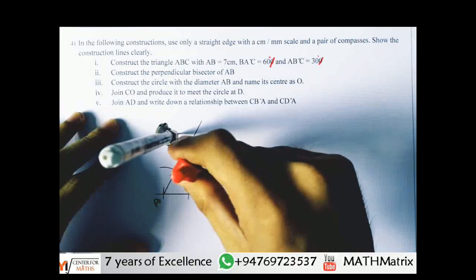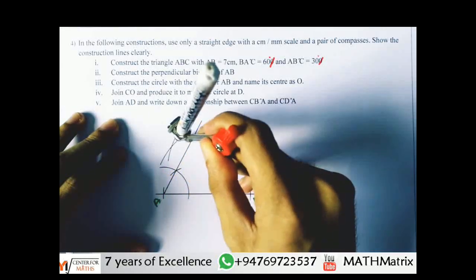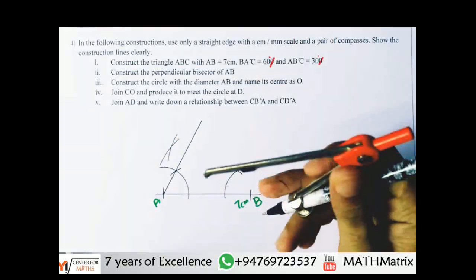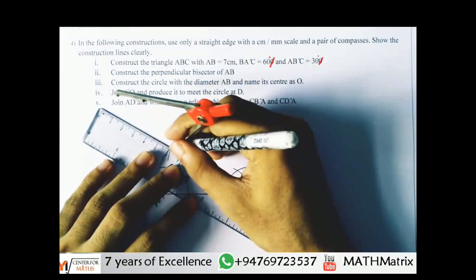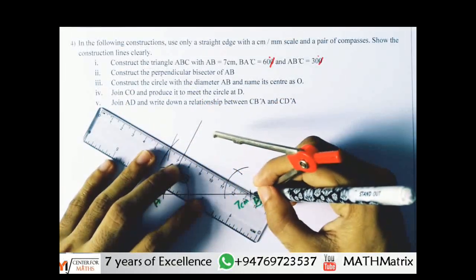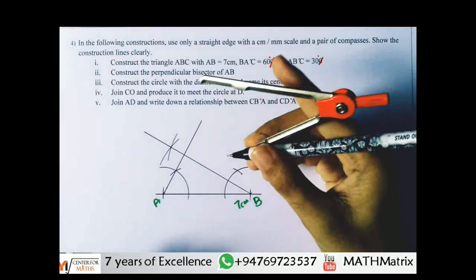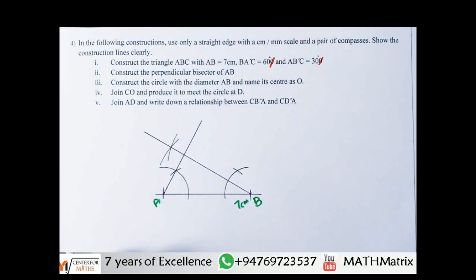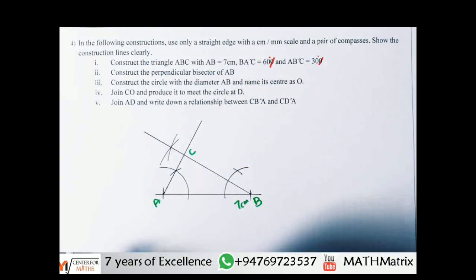So we'll construct the bisector of this angle, one arc, and place the compass on this and the second arc. So now we'll join them both. Exactly the mid. Okay, right. So here, now we got the intersection point of C. C is here. Right guys, so we can move to the next one.